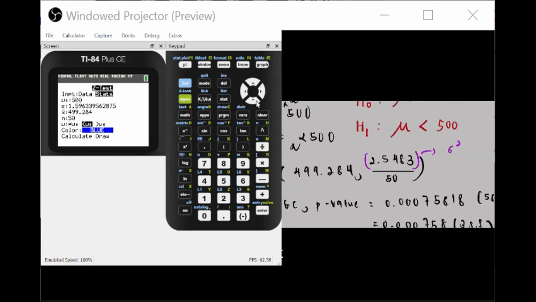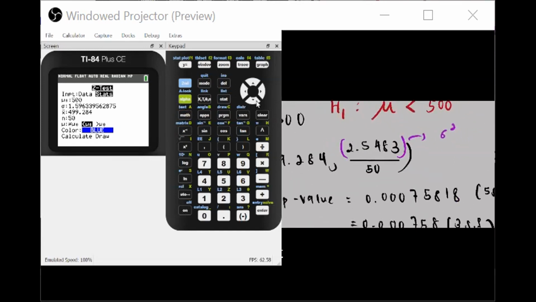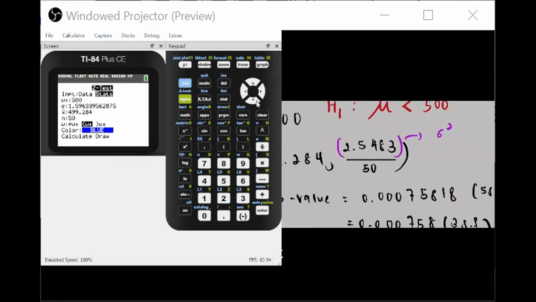You don't account for the 50; do not key in 50 here. Then key in the sample mean, 499.284, and the sample size 50 of those bottles. Here we're doing a left tail test, that's why I selected less than mu naught. Then go down and press calculate. You get this as your answer.